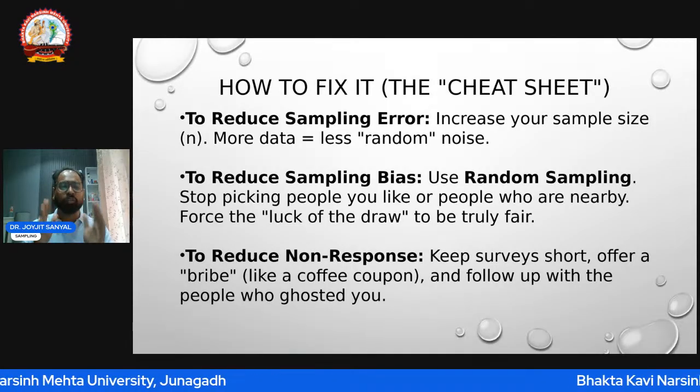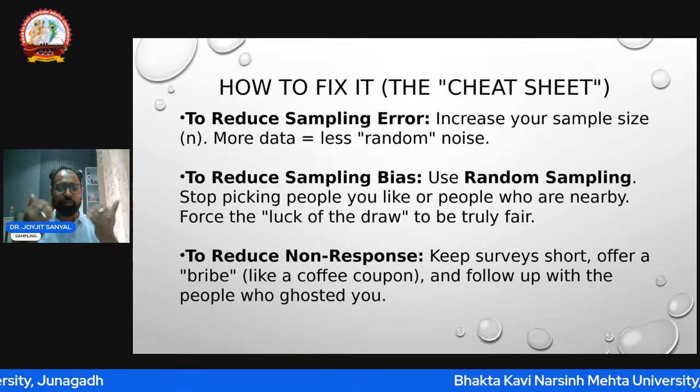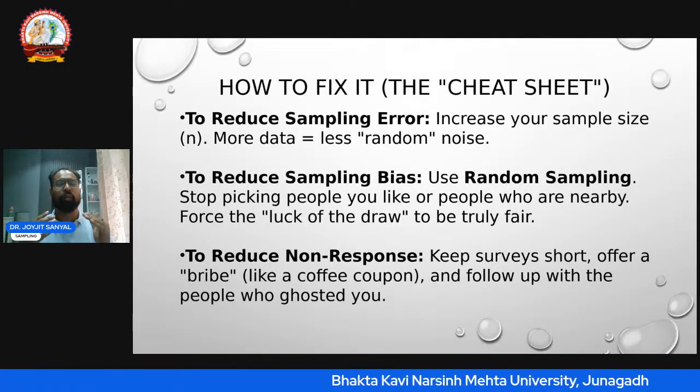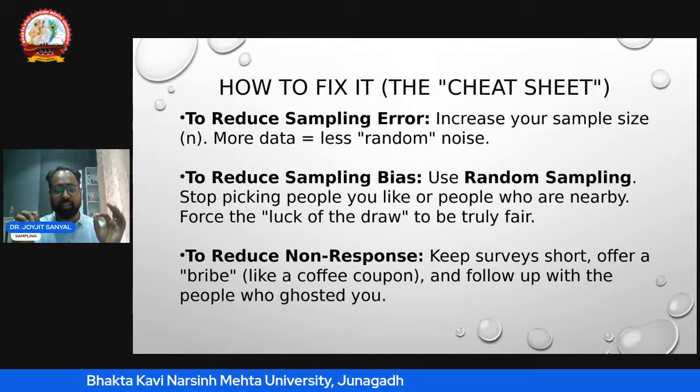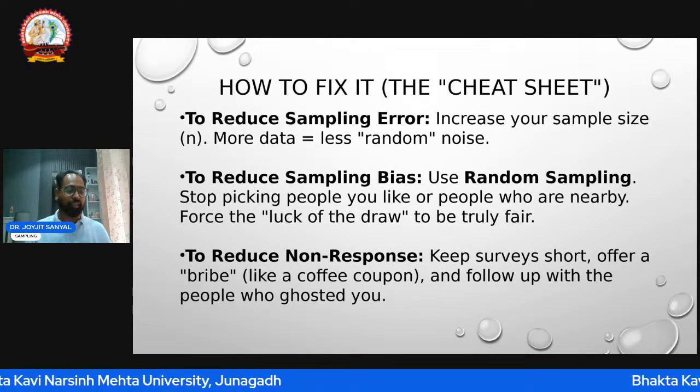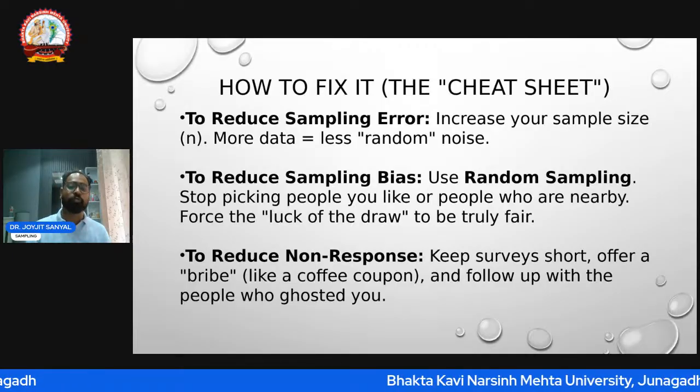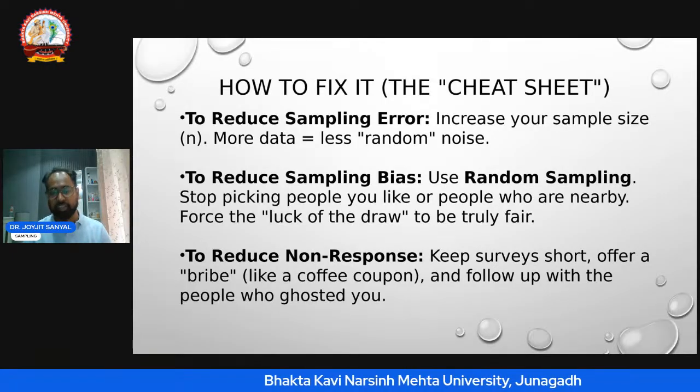People should also be interested in giving you responses. And how do you meet them, convince them? That is a very interesting method that you might have to adopt in the future whenever you are going to collect first-hand data.